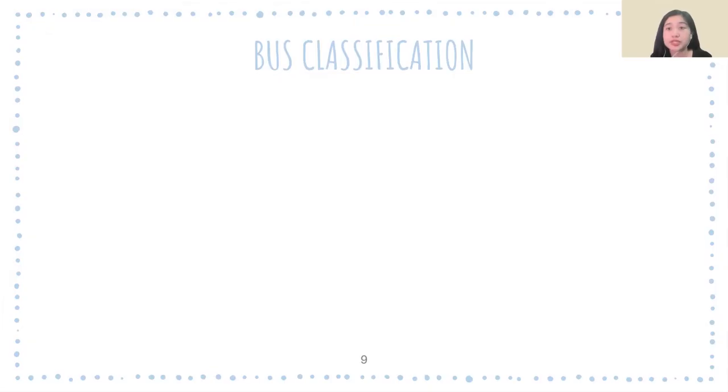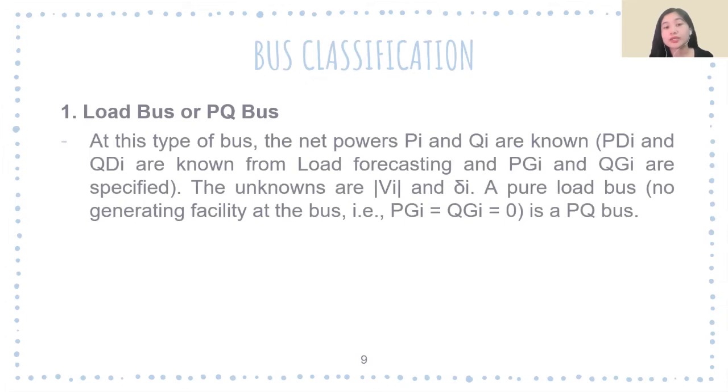For further explanation, our load bus or PQ bus is a type of bus wherein the net real and reactive powers are known, and the unknowns are the magnitude of our voltage and our phase angle. A pure load bus, which has no generating facility at the bus, is known as our PQ bus.